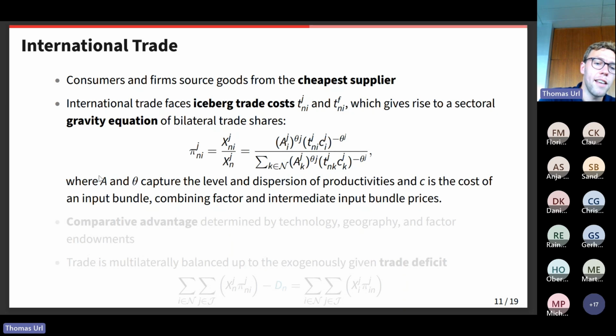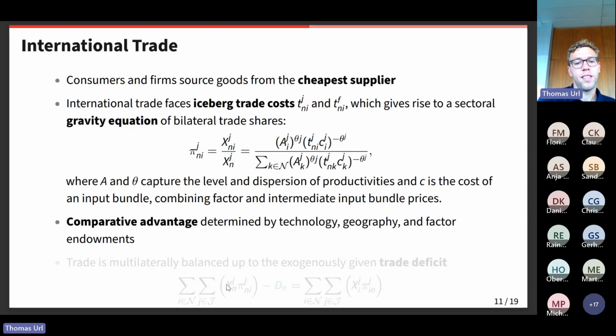So A captures the location parameter of the distribution. It's the absolute advantage of a country, and theta captures the shape parameter of the distribution. So it indicates the comparative advantage. So comparative advantage is determined by technology, geography, and factor endowments.